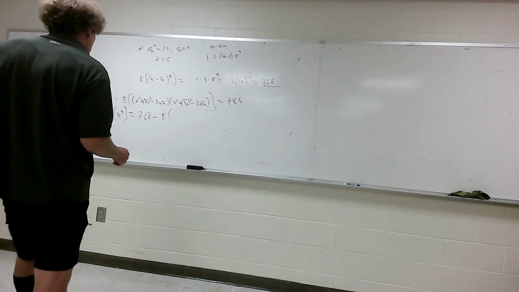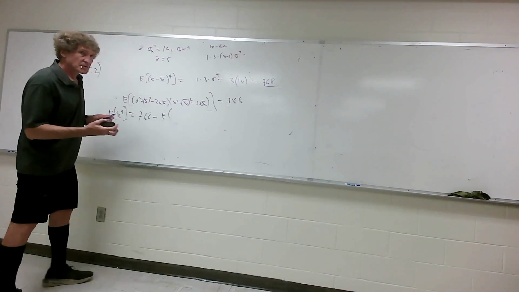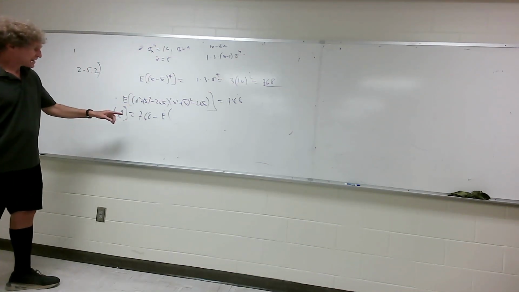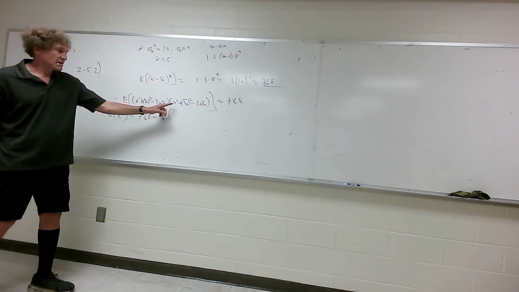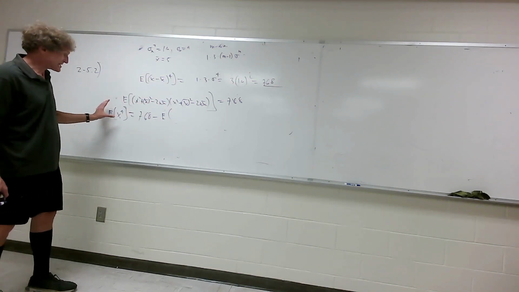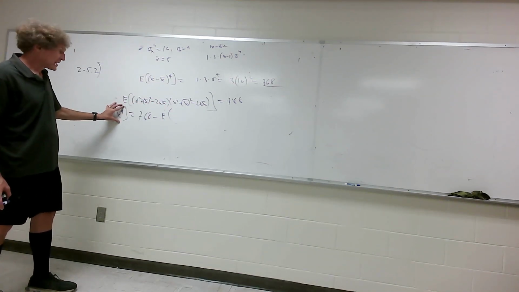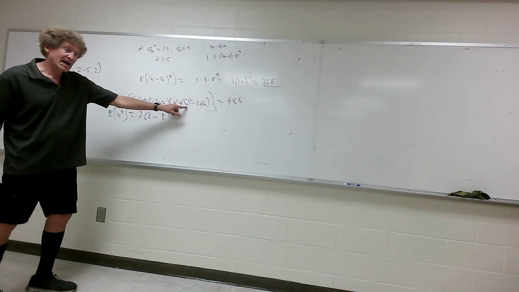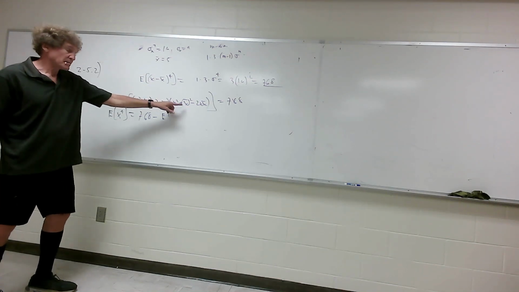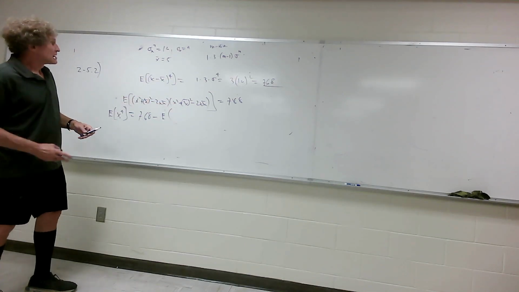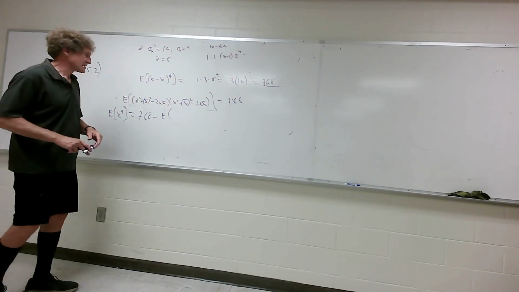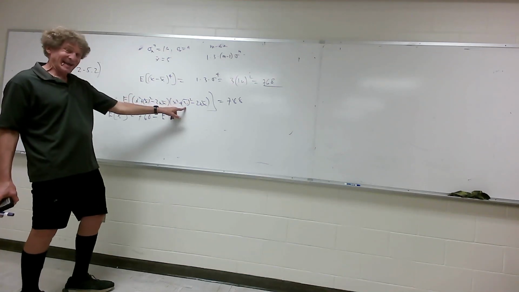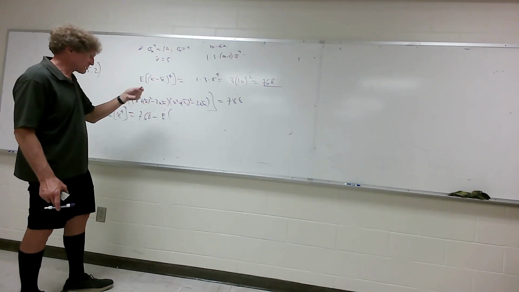I'll tell you what happens here. This is how I do it if I really got stuck in a jam. If you take a look at this, I'm going to have x squared, x to the fourth. That's what I want the expected value of. Everything else, now that I pull that out, I get x squared times that, which is really going to be the mean value. Now I've got x squared times the mean value squared, which is 25.